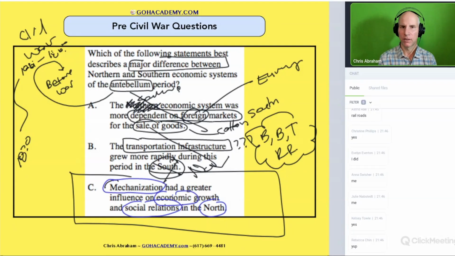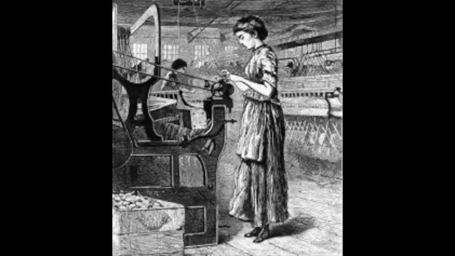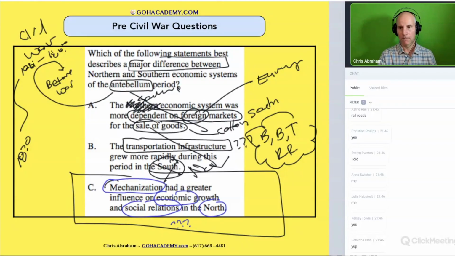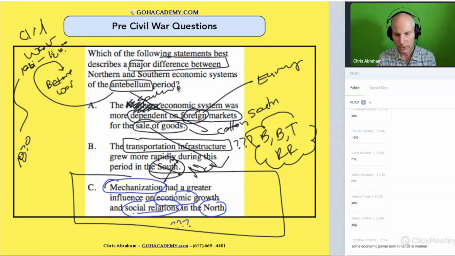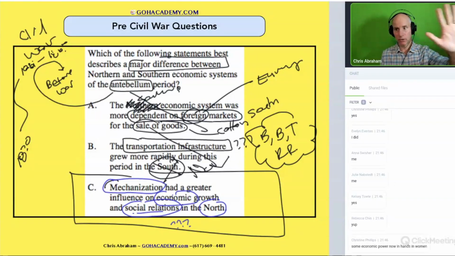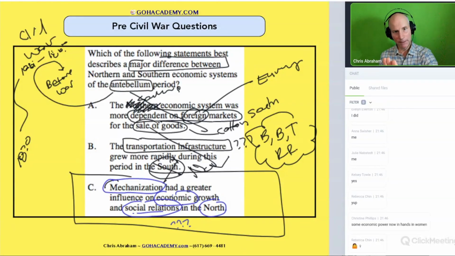How did industrialization impact social relations in the North? If you're not so sure, say I don't know what it's getting at. I understand the economic changes.